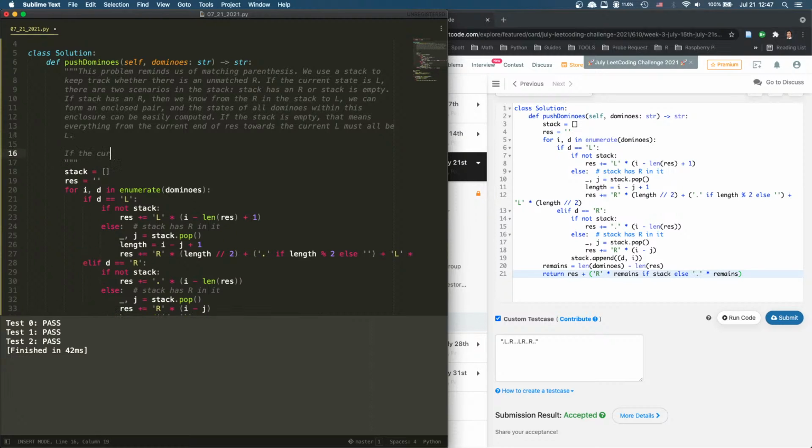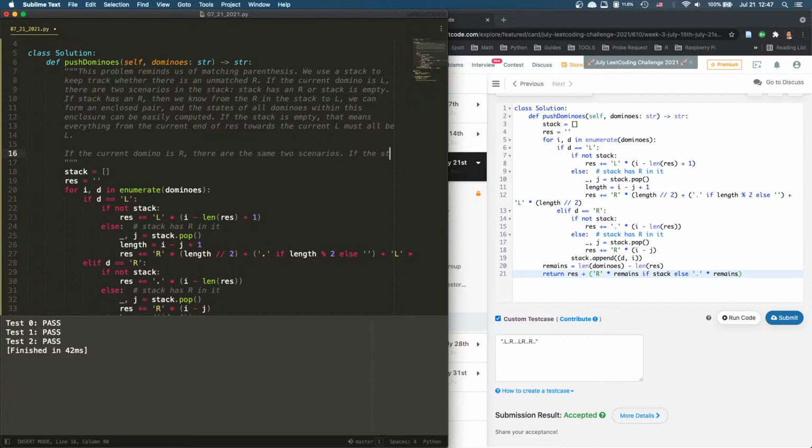If the current domino is R, there are the same two scenarios.